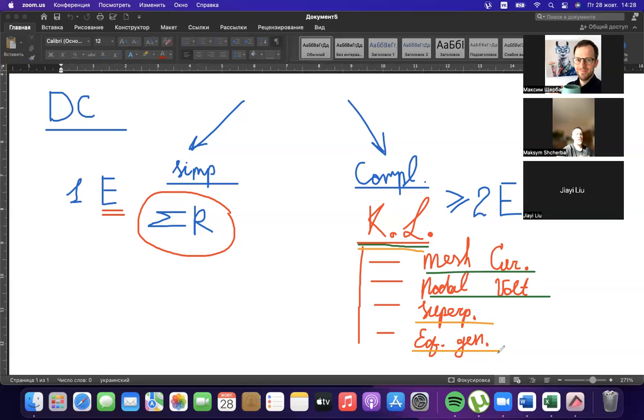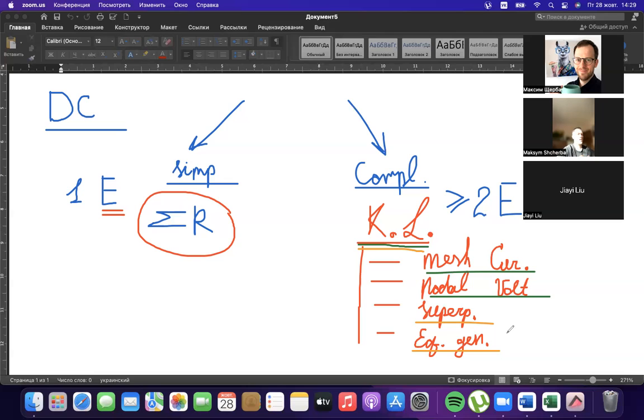And the equivalent generator, this method is most widely used if we are searching for one current in one part of the system, in one branch. It could be quite useful if we are interested just in some part, not in the whole system.